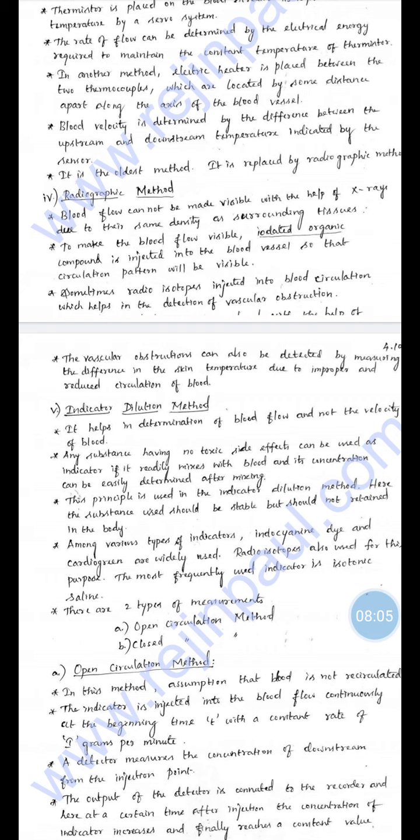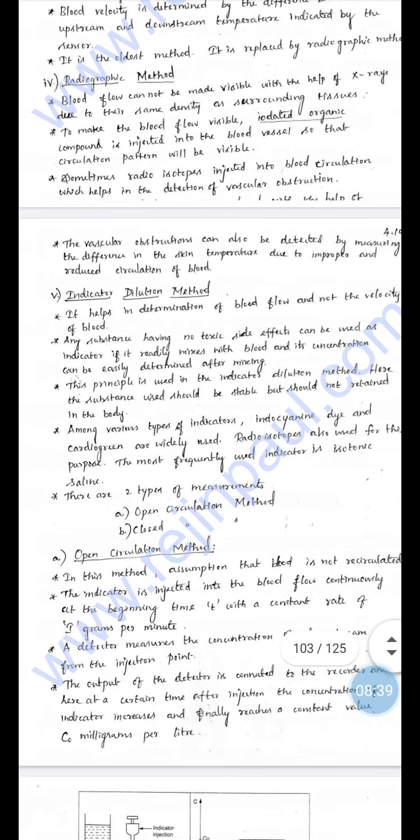Blood flow cannot be made visible with the help of X-rays due to its same density as surrounding tissues. To make the blood flow visible, an isotoped organic component is injected in the blood vessel so that the circulation pattern will be visible.